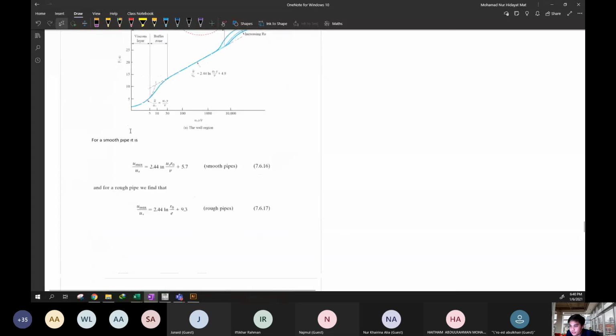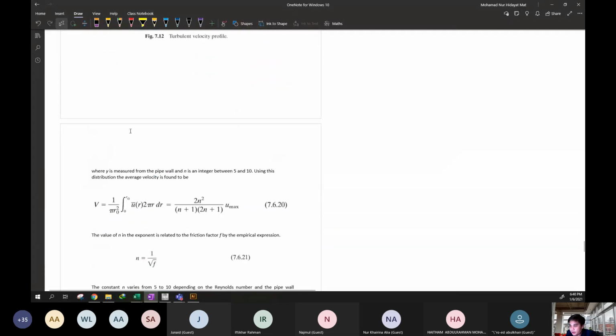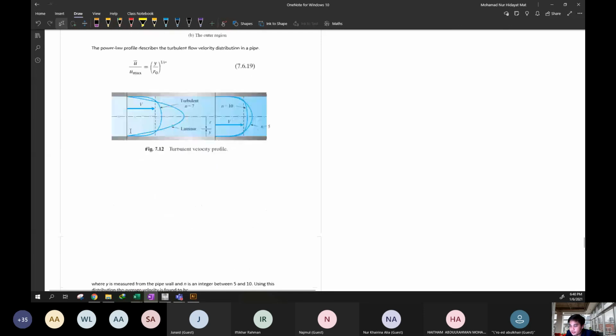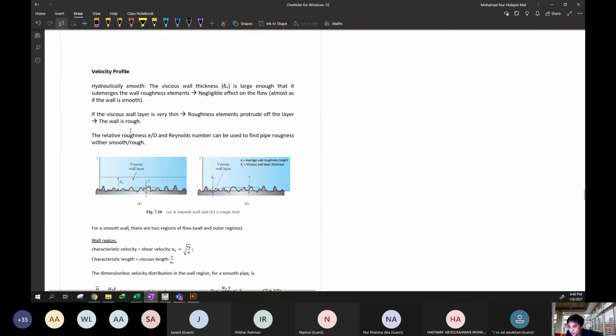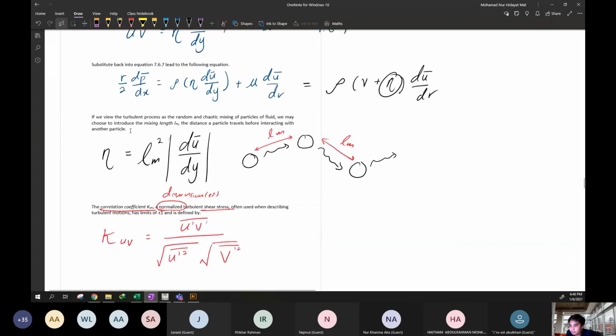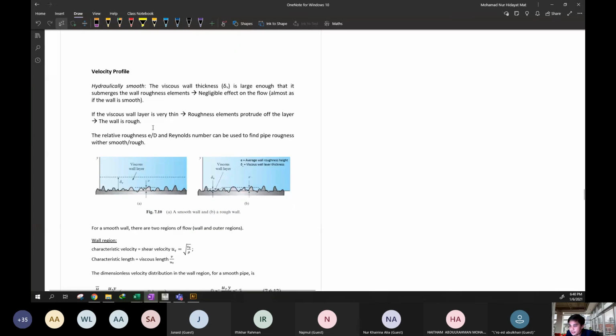I will upload the complete version of this, filled up, and share it with you. This is just a reading. I believe once you read this one, you will understand the roughness, because I already explained the roughness to you.